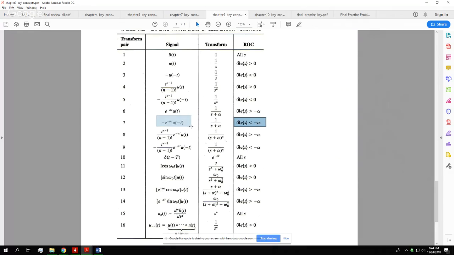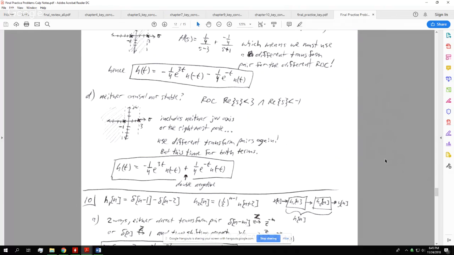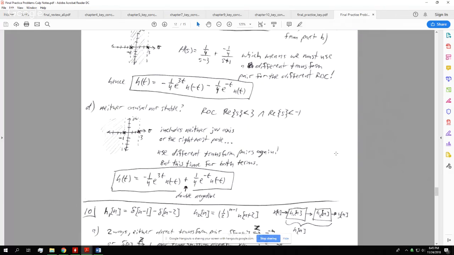Therefore, both terms will have this weird negative in front of the exponential and this weird negative inside this unit step. And we see that here. We have this negative here and a negative here. And then we have a negative in this unit step, and we have a negative here. But since b was a negative value already, we have a double negative, so it becomes positive. And that's part D. Now, that's it for problem 9.